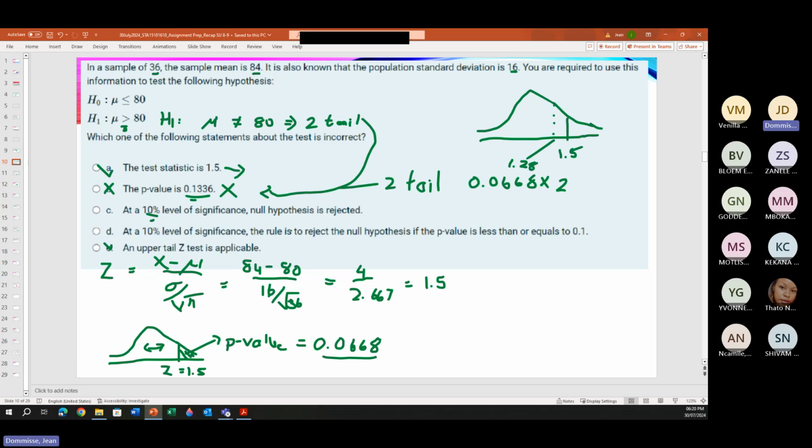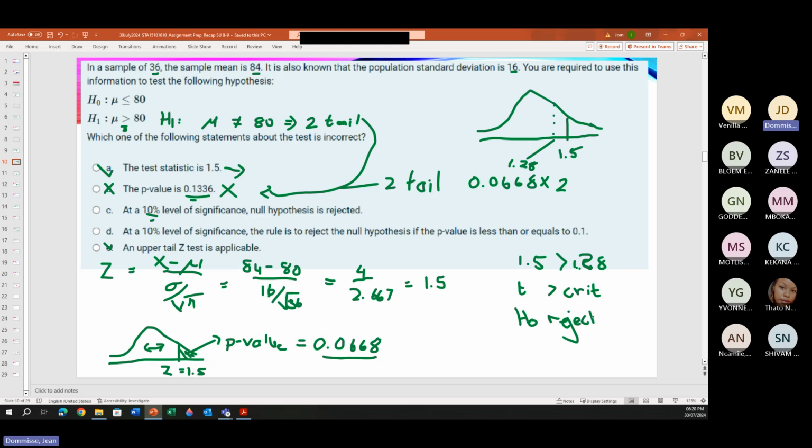So if my t-stat that I've worked out is 1,5, which is bigger than the 1,28, so if my t-stat is bigger than the critical, H0 is rejected.